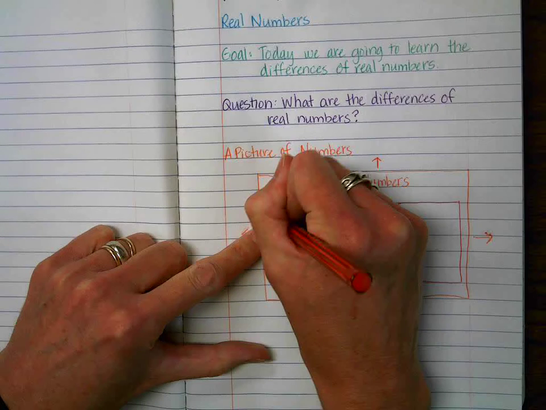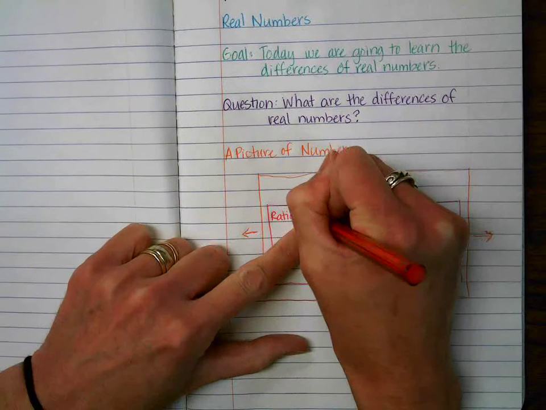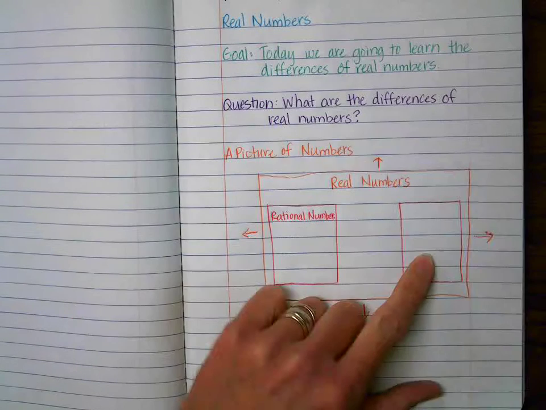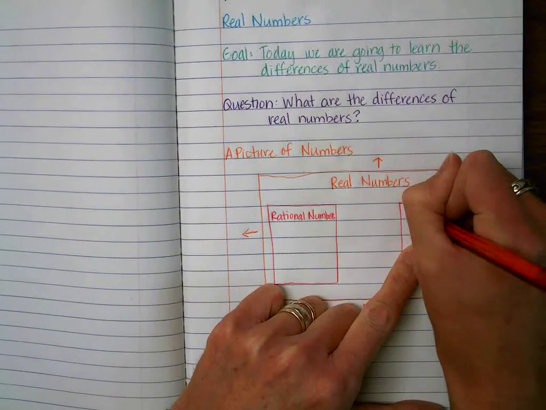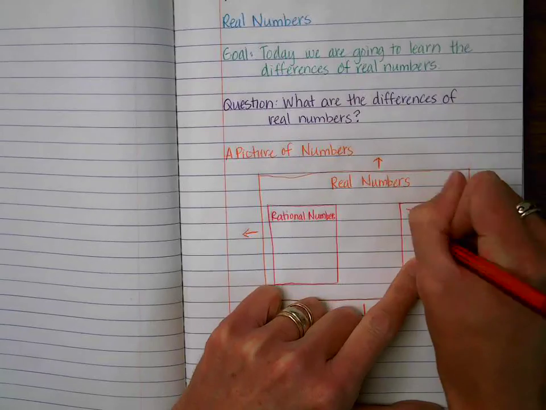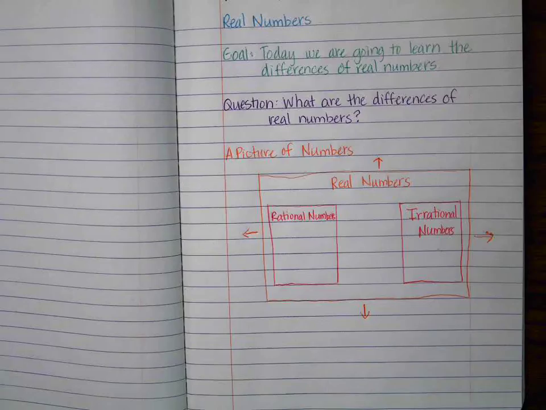I would like you to write the words rational numbers. And in this rectangle over here, I would like you to write irrational numbers. And so you have the two categories: rational numbers and irrational numbers.